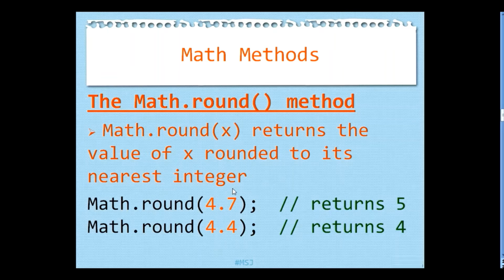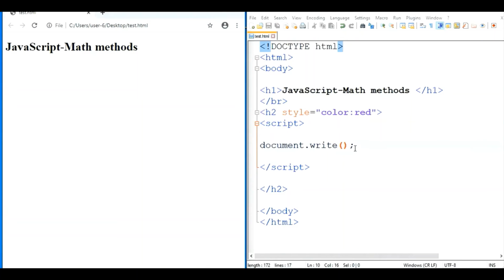Now let us write a small code with this round method. Math.round of 4.6. If I write 4.6, the nearest integer is 5 because this value is greater than or equal to 4.5.